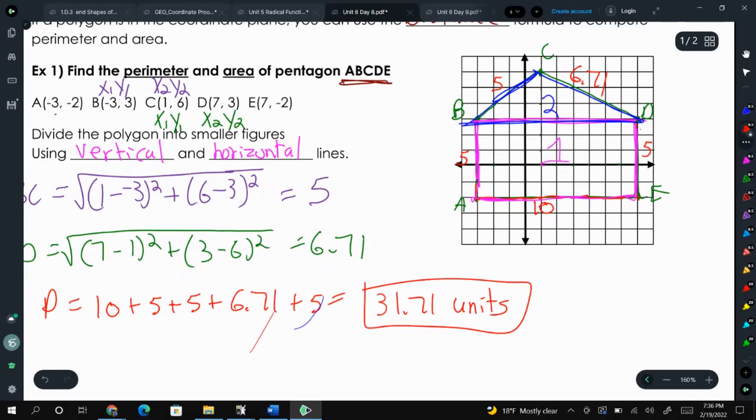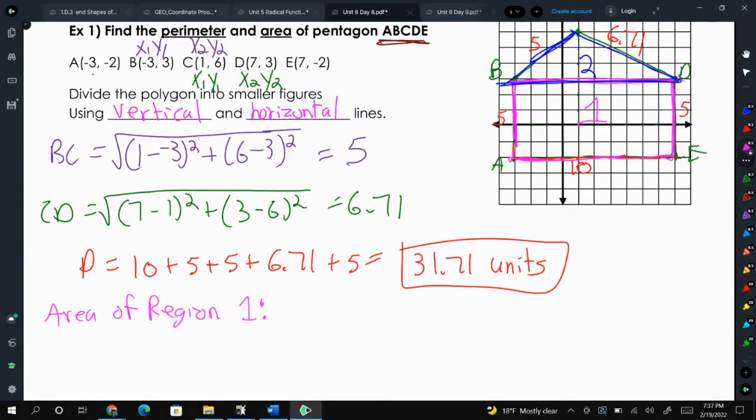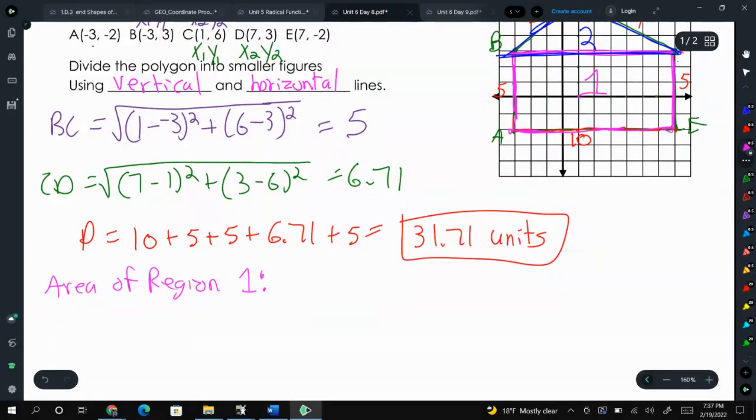So let's do the area of region 1. And region 1 is a rectangle. And the base right here is this horizontal distance, or 10. So let's say area equals base times height. So area equals 10 times the height, our vertical distance, which is 5. So 50. The area of that rectangle is 50 units.